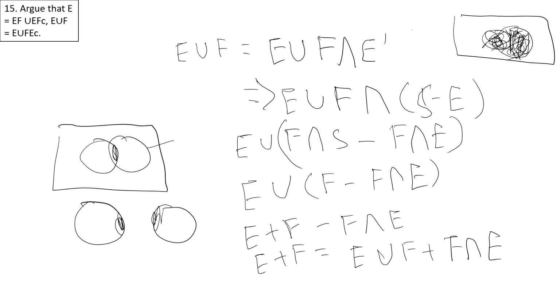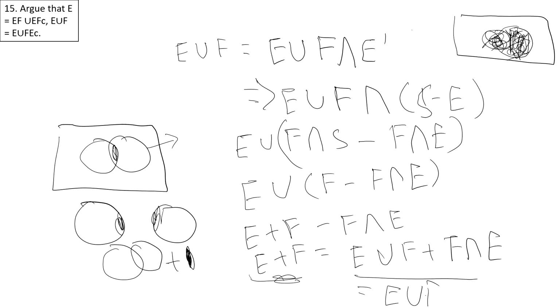But if we do a union, what we will get is this plus this part. So that's why what we are getting is this part, equal to E union F. This part is also proved.